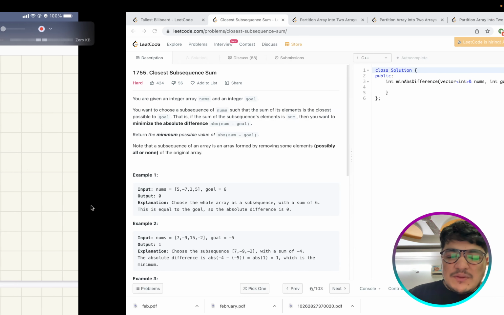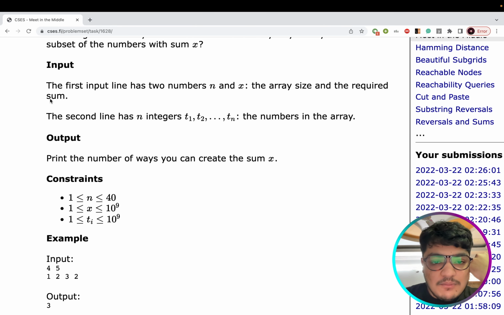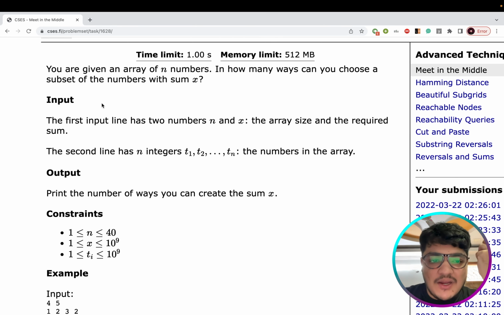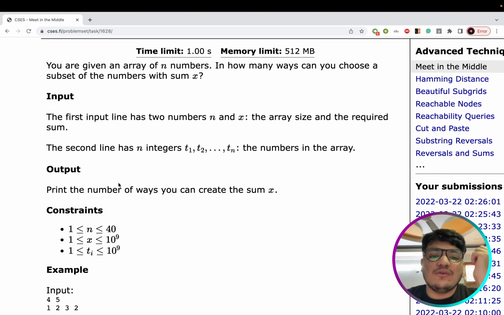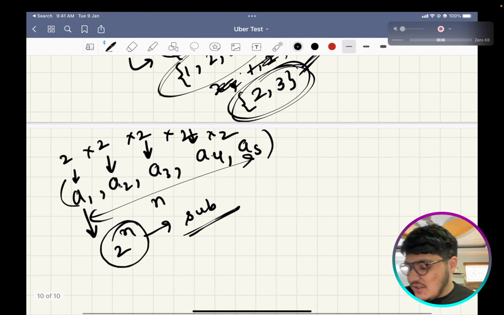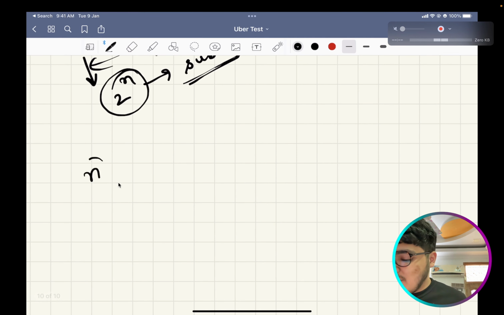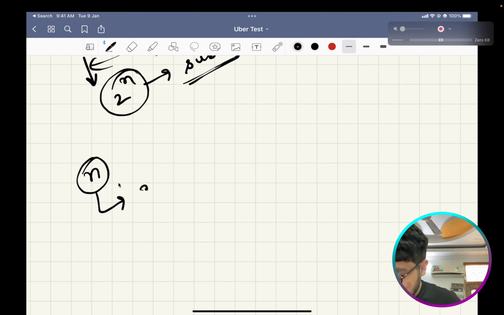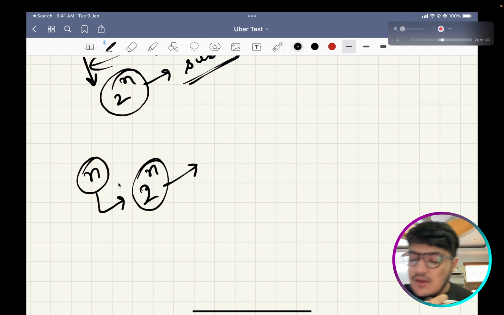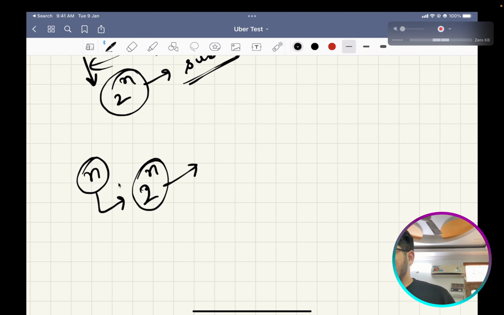So after seeing this problem, one thing that will come to your mind is to use the bit masking technique. As I explained, if your array size is n, you would generate the bit masks, and there would be 2 to the power n bit masks possible. What is a bit mask? A bit mask is a way of representing subsets. Let's say your n is 4.